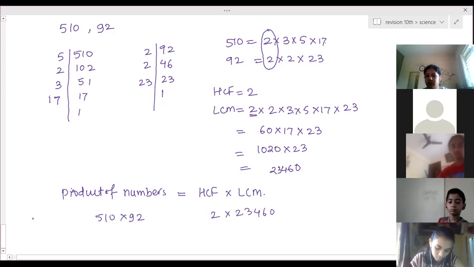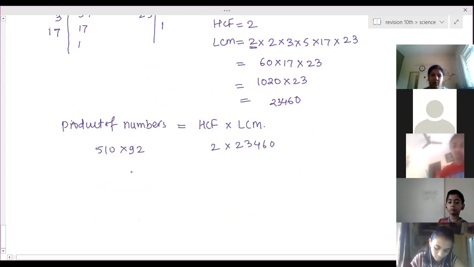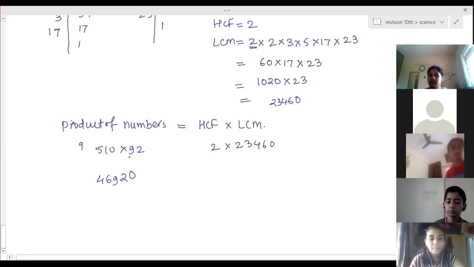Both should come equal. 460 into 9 is 46,920. 46,920 is the product of these two, and here it is also 46,920. Both are equal.